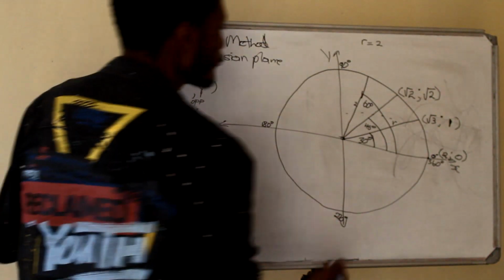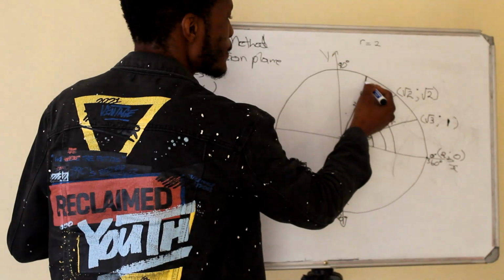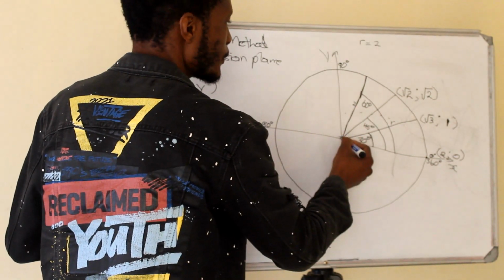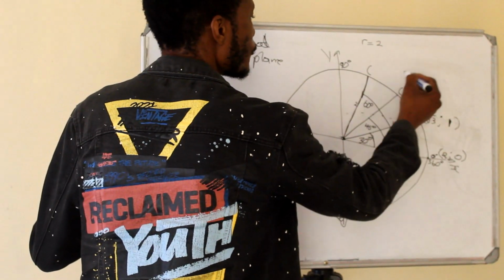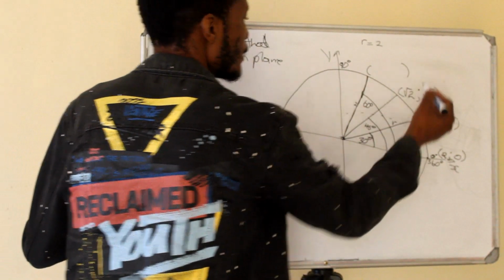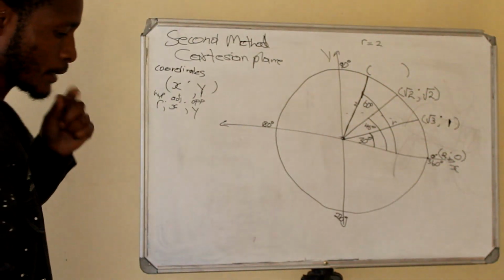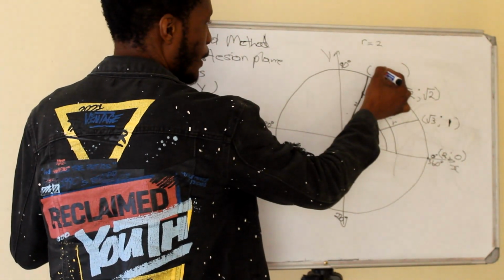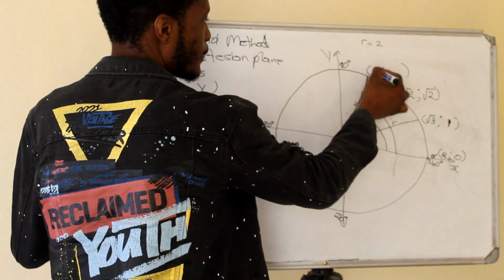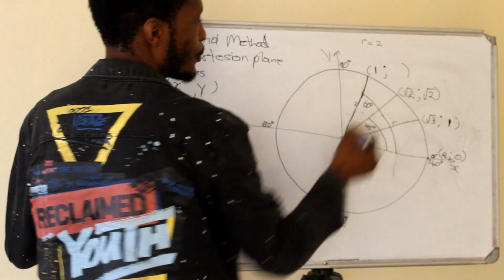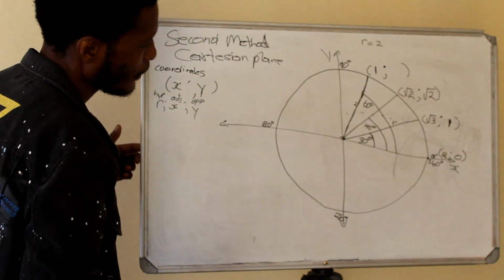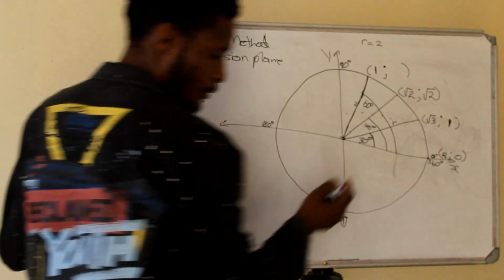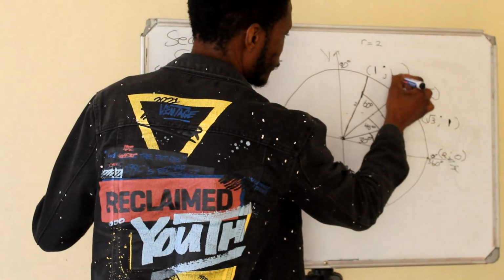Okay, and then at 60 degrees, x is becoming 1 and your y becoming the square root of 3.